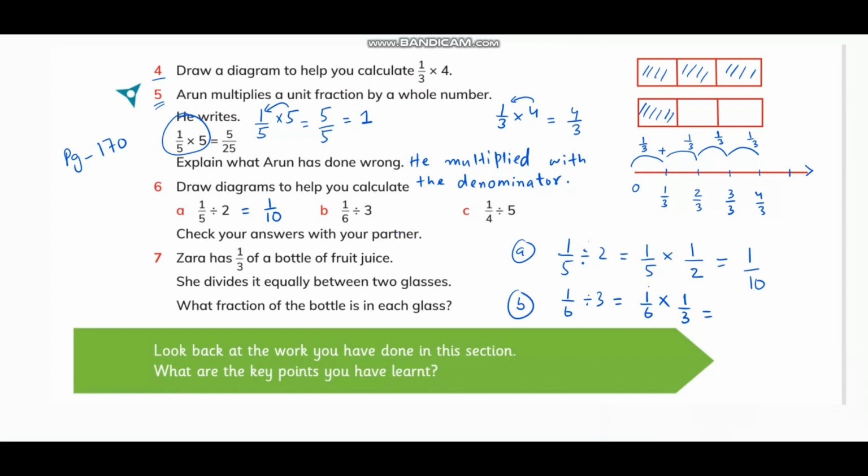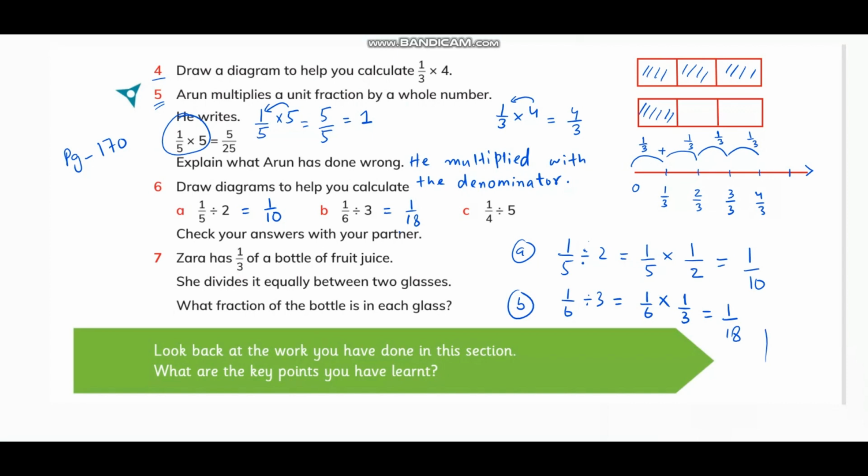Now multiply numerator with the numerator, 1 times 1 is 1, and denominator with the denominator, 6 times 3 is 18. So the answer is 1 divided by 18.